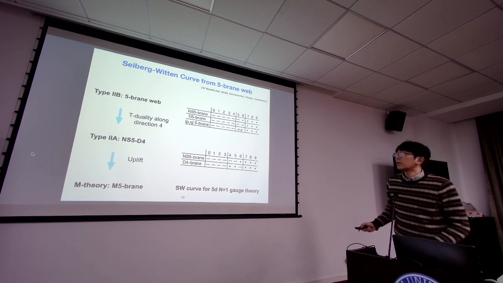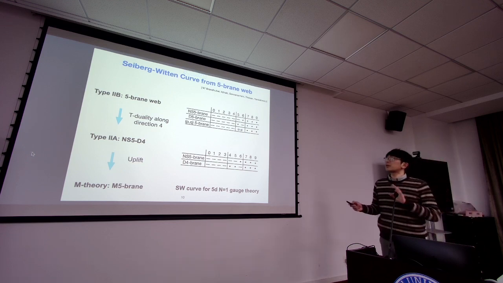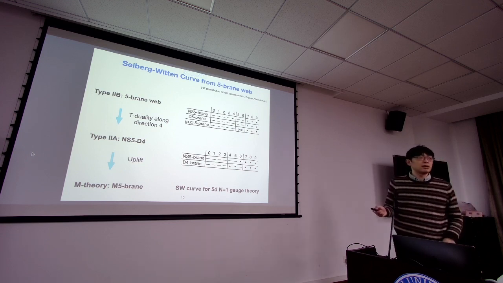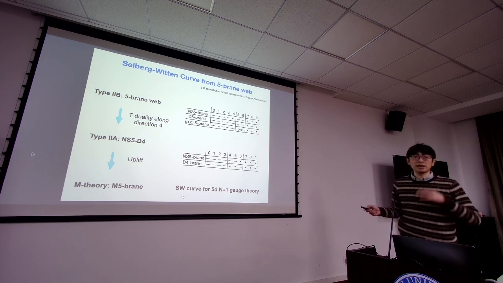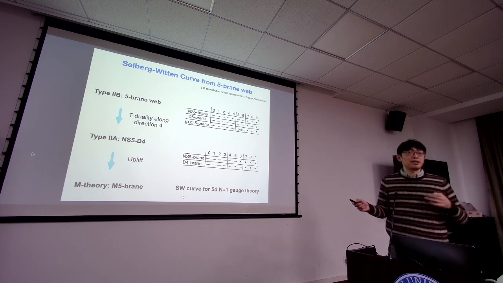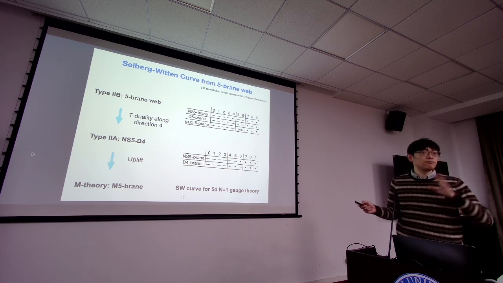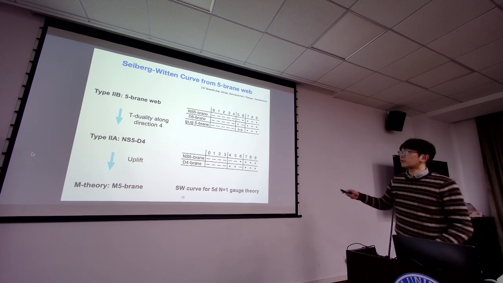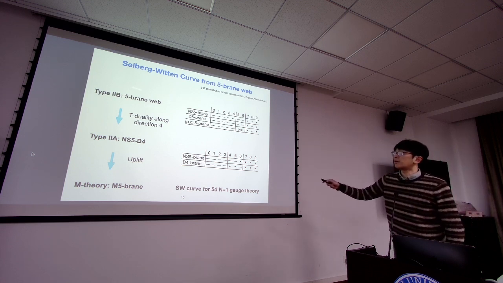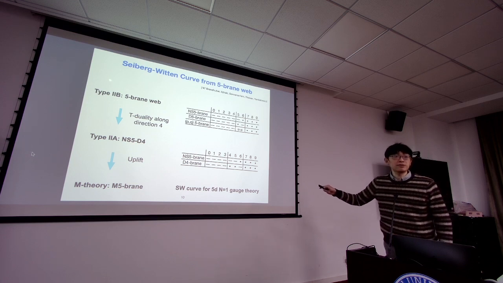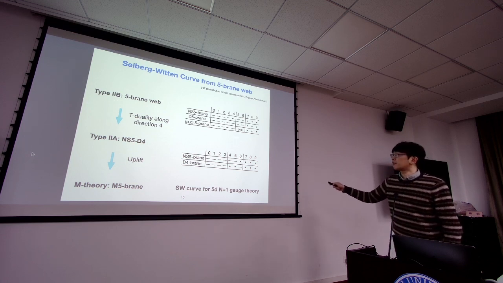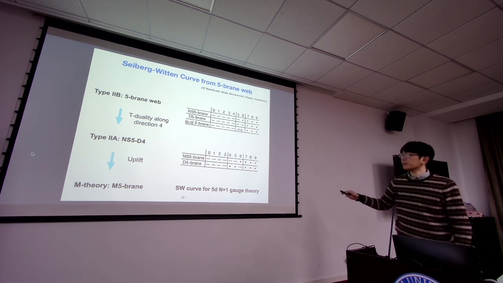How to obtain the Seiberg-Witten curve from this 5-brane web is straightforward once we understand the idea of Witten's previous work. So first we have a 5-brane web in type IIB string theory whose configuration is summarized in this way.